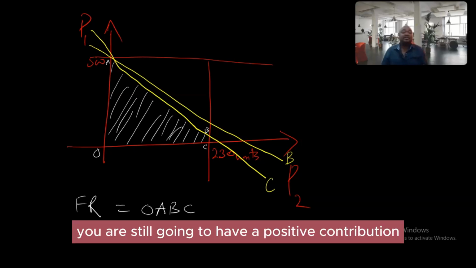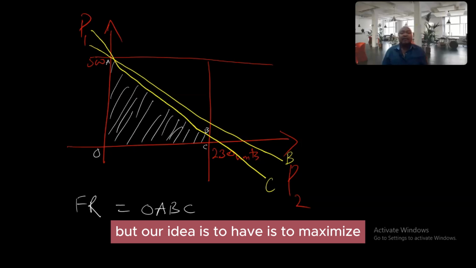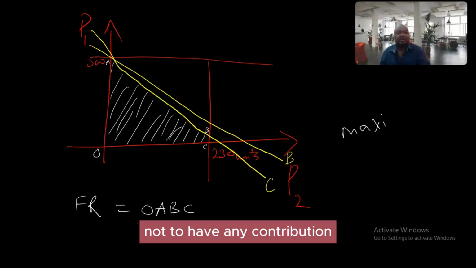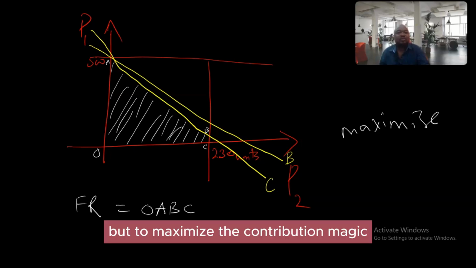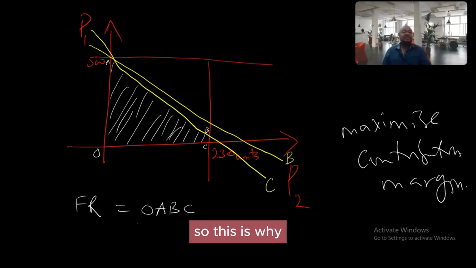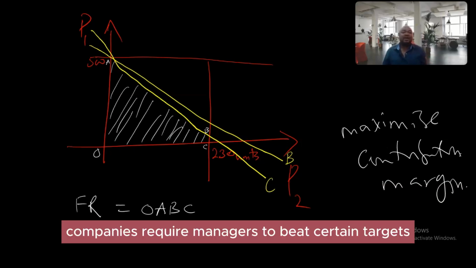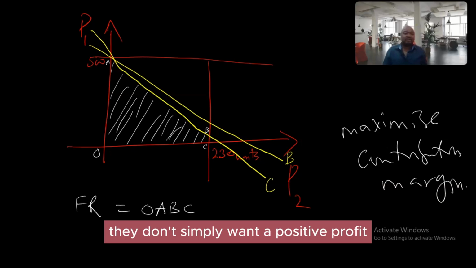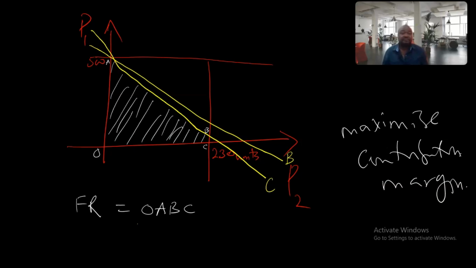Okay, you are still going to have a positive contribution. But our idea is not to have any contribution, but to maximize the contribution margin. So this is why you see that companies require managers to meet certain targets. They don't simply want a positive profit, but they want a certain positive profit.